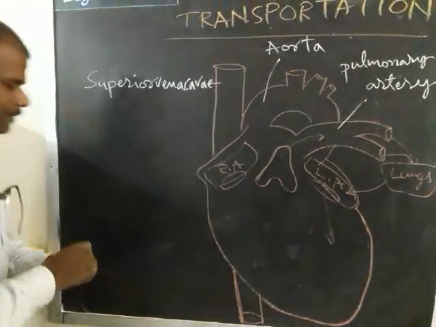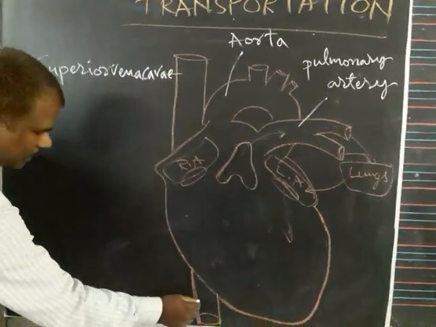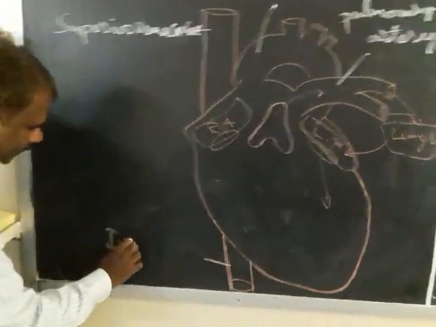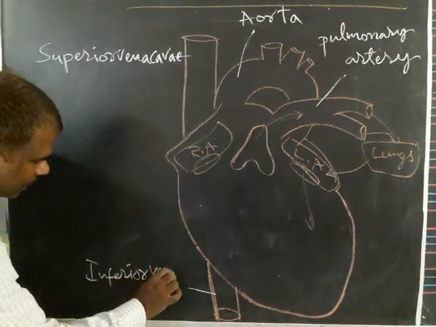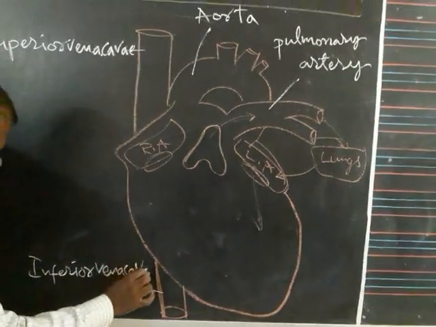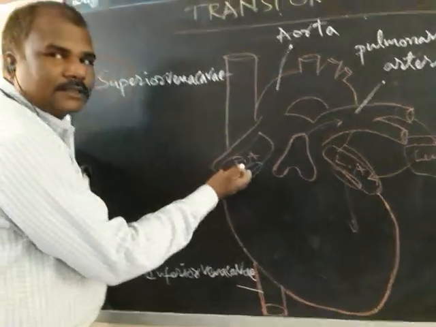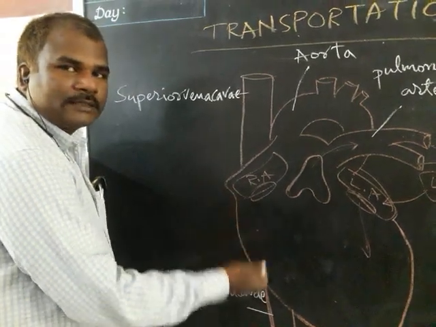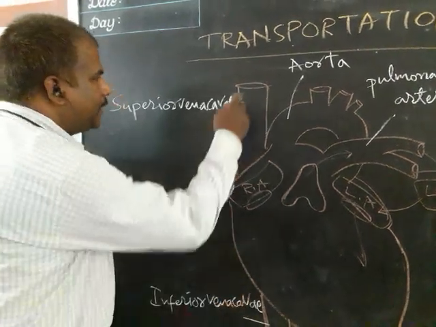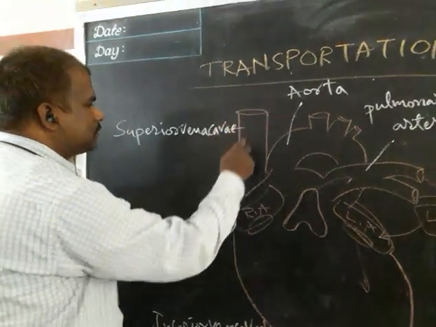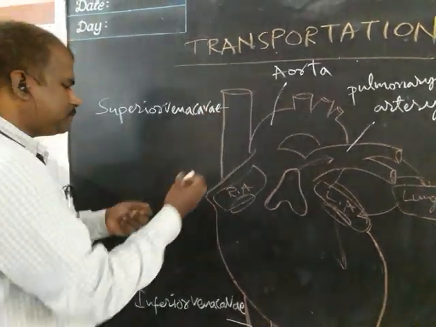Once again I will explain. Here it is the superior vena cava, and downward is the inferior vena cava. The inferior vena cava carries deoxygenated blood from the lower parts of the body, and the superior vena cava collects deoxygenated blood from the upper parts of the body.